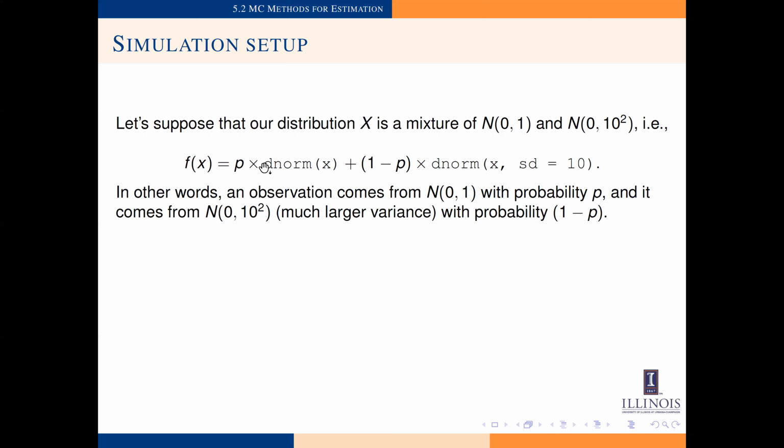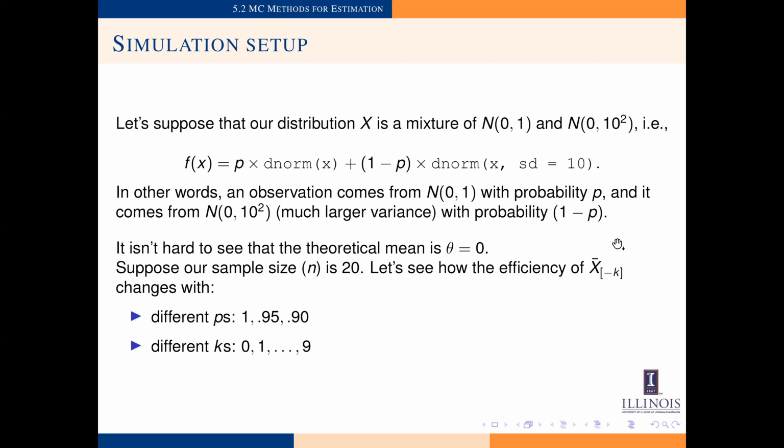The PDF of X is given by P, a probability between 0 and 1, times the standard normal density, plus 1 minus P, which is the proportion associated with this distribution, times the corresponding density when the SD is equal to 10. In other words, an observation comes from normal 0, 1 with probability P, and it comes from normal 0, 10 squared, which has much larger variance, with probability 1 minus P.